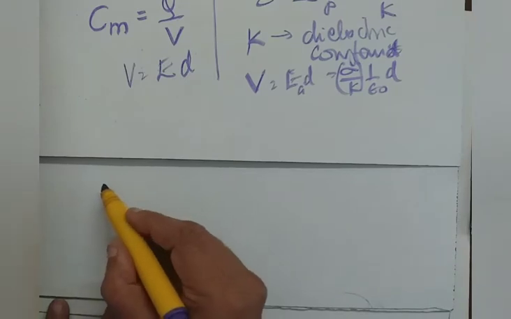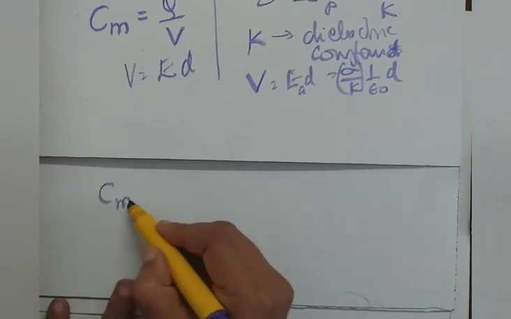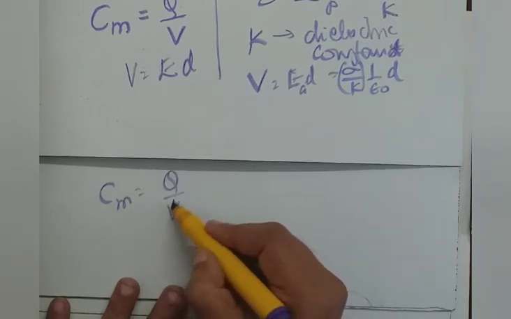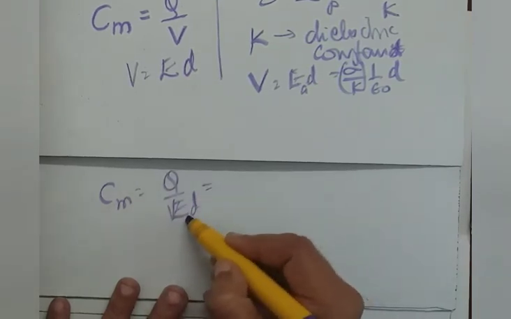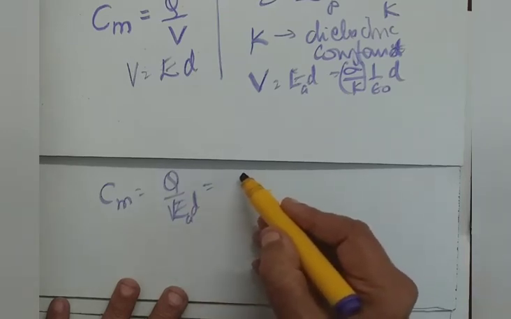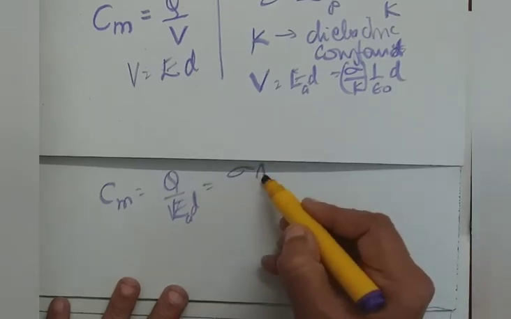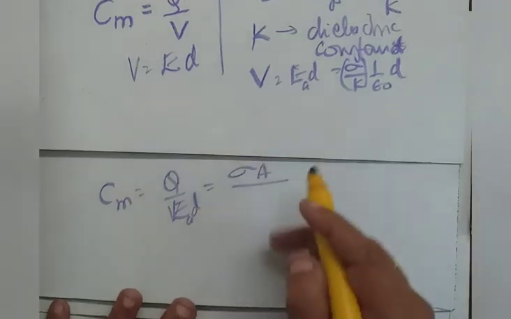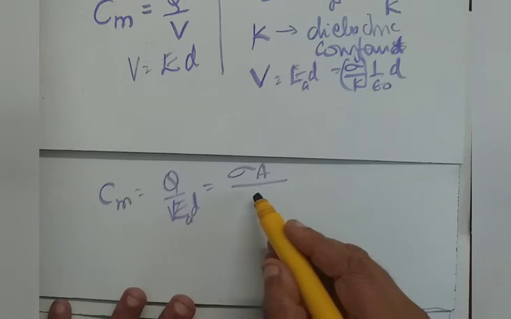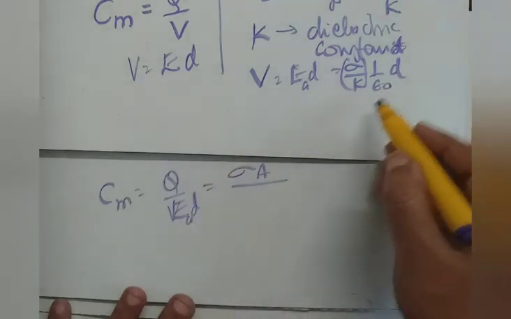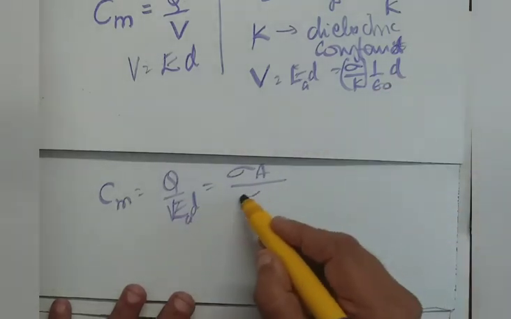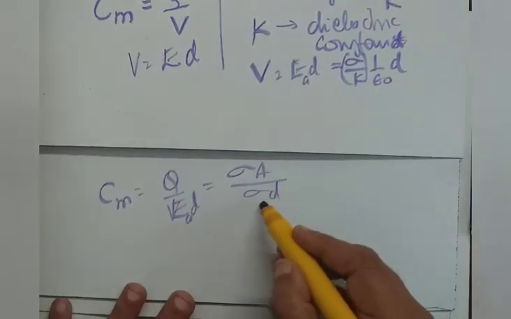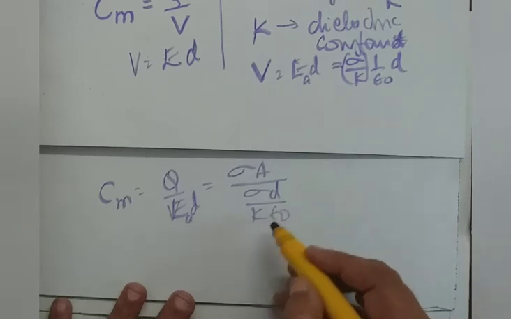Observe, Cm equals Q by E into d, E being the applied field here. Q is sigma A, charge density into area, divided by V, which is sigma d by k epsilon naught.